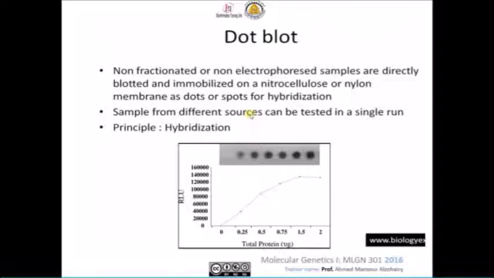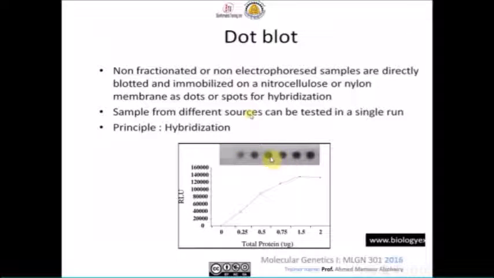For example, we can take sample number 1, number 2, and number 3, use the same probe, and see if that probe hybridizes and how much it exists in each of those cell types. If there is a dark spot, we know that the probe hybridized much more there than at the first one.